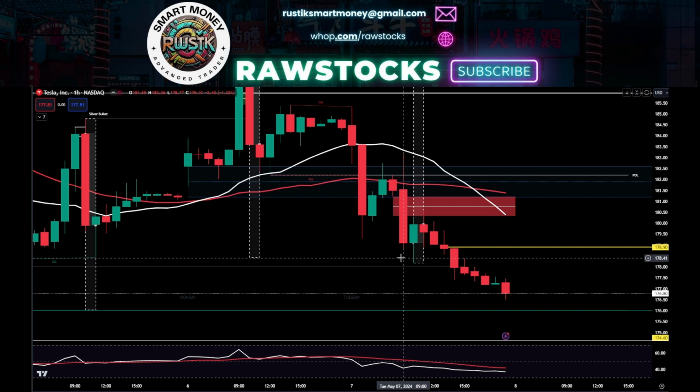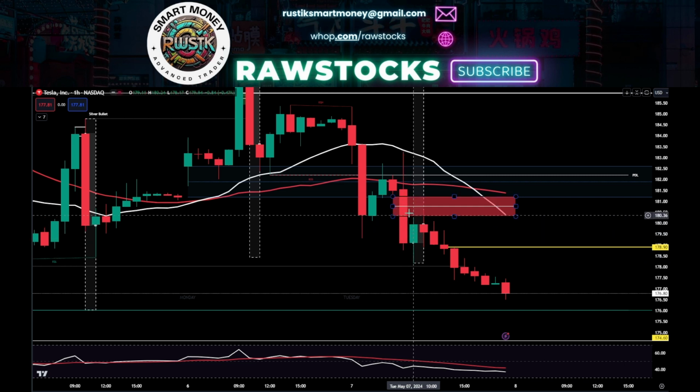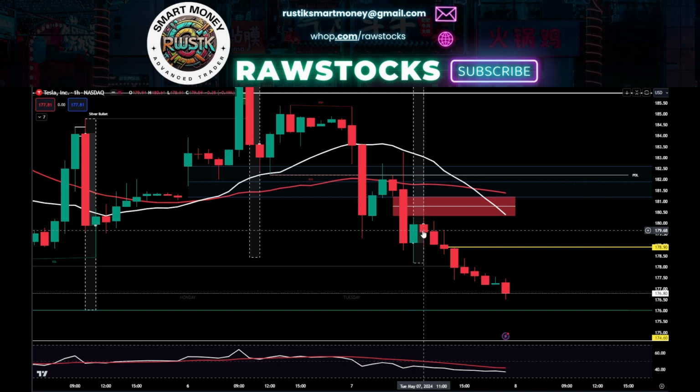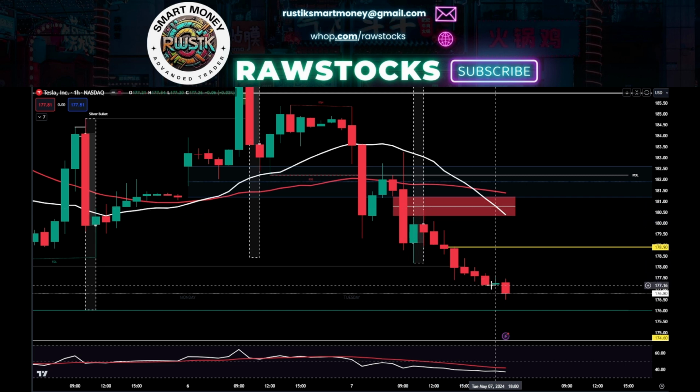And then what I saw later on was that we set this fair value gap and that price was pushing back up to it. I waited for this hour candle to close, which is the 10 o'clock hour. And then when the next candle pushed up into that fair value gap, that's where I took my short, and still currently in the short.